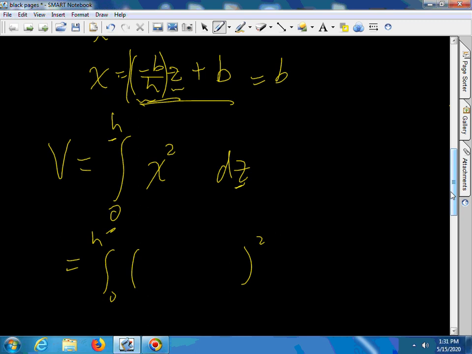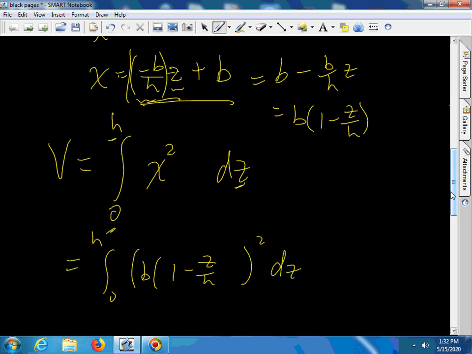Rather, I'd rather have b minus b over h z, I got that completely wrong. Now, I can factor out a b, and I'll have 1 minus z over h. So I'll have b times 1 minus z over h dz.